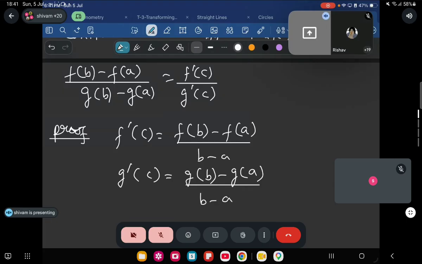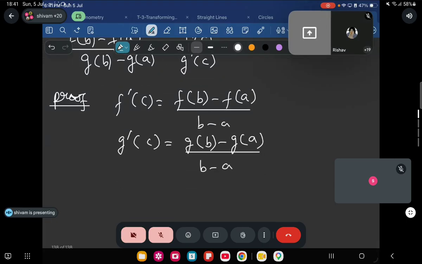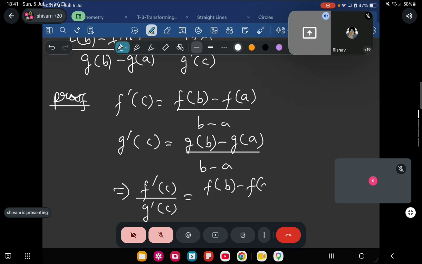We can use LMVT, everyone. Got it? This implies f'(c) upon g'(c) is equal to f(b) minus f(a) upon g(b) minus g(a). Hence proved.